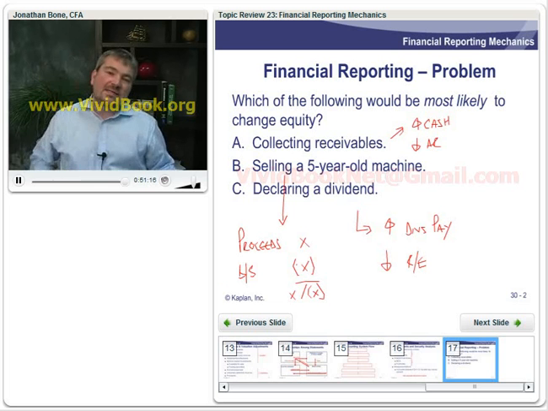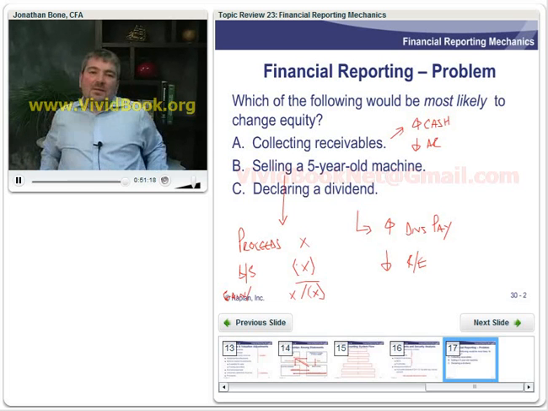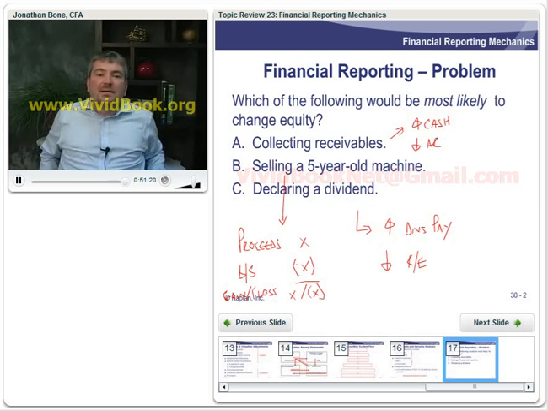So if the proceeds are greater than the balance sheet carrying value at the moment of disposal, you get a gain. If the proceeds are lower, you get a loss. Now, of course, theoretically, if the proceeds equaled the balance sheet carrying value, there would be no gain or loss. Nothing would go through the income statement, so retained earnings would be unaffected.